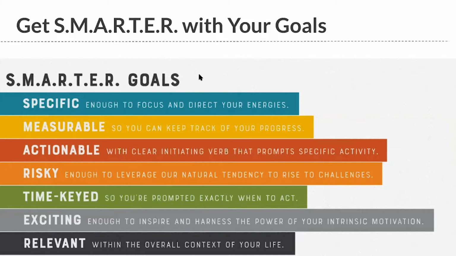If you can't get excited about a goal, what's the point of working towards it? And then lastly, it needs to be relevant within the overall context of your life, and in this case, your business.